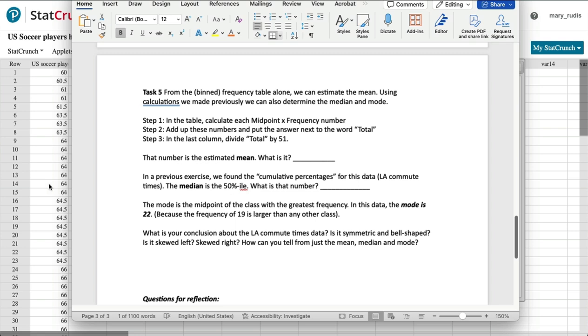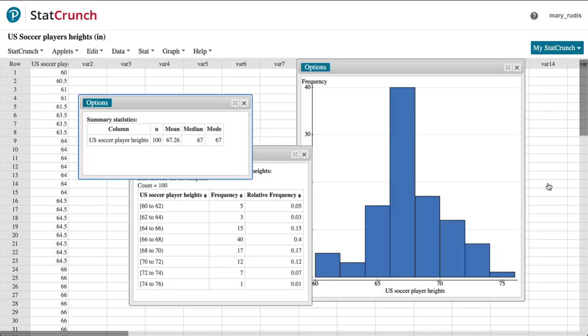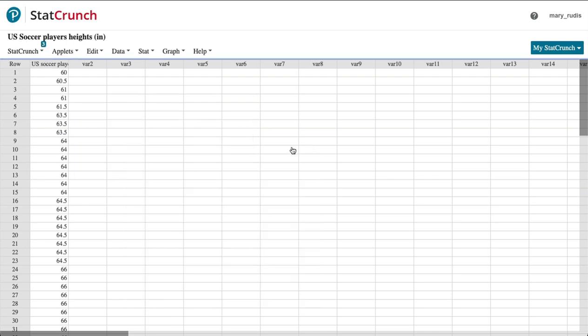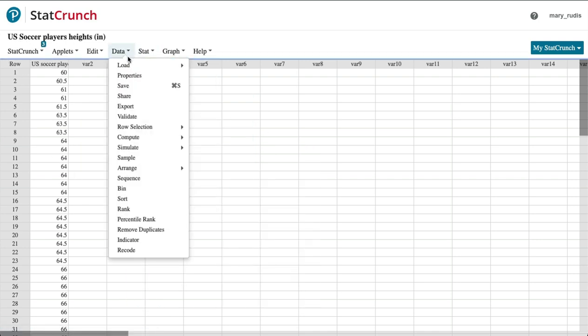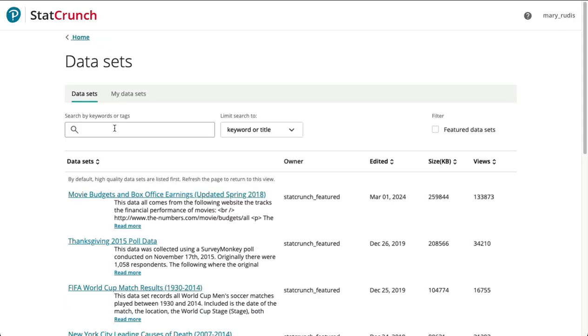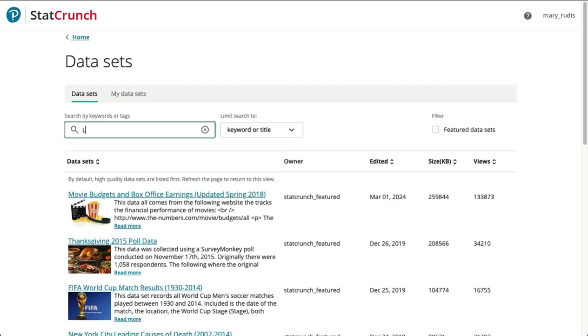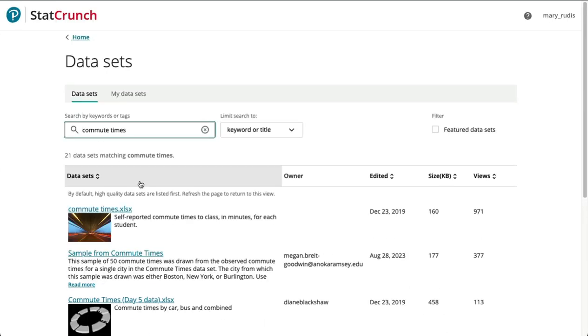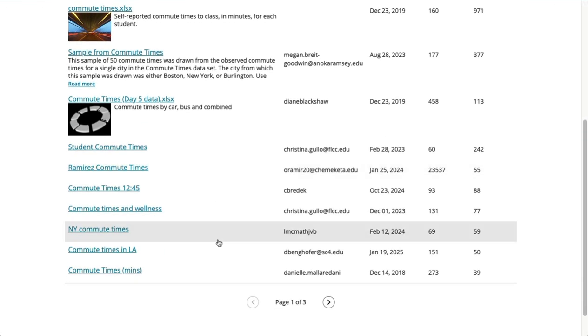I think we can actually cheat and go into StatCrunch to get all of this too. So let's delete all of this. And we're going to load. Let's look for our LA commute times. Hopefully it's the same one. Maybe I didn't have the word LA on it. It should have my name.